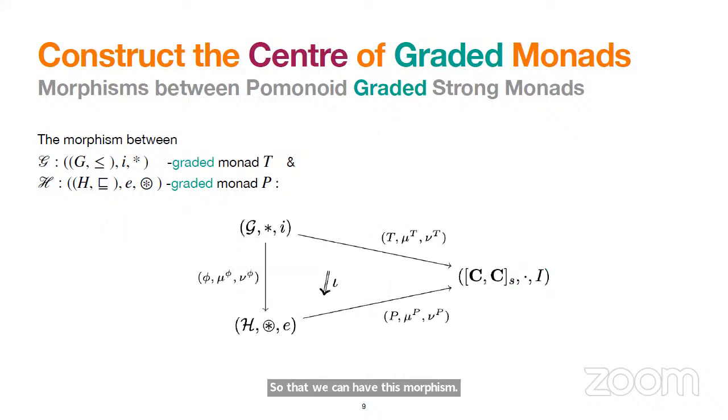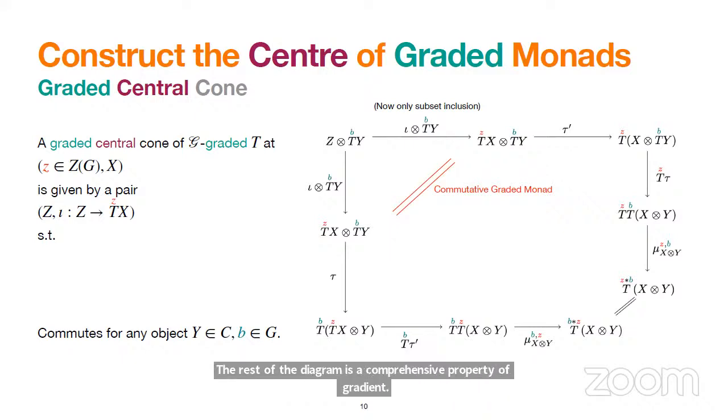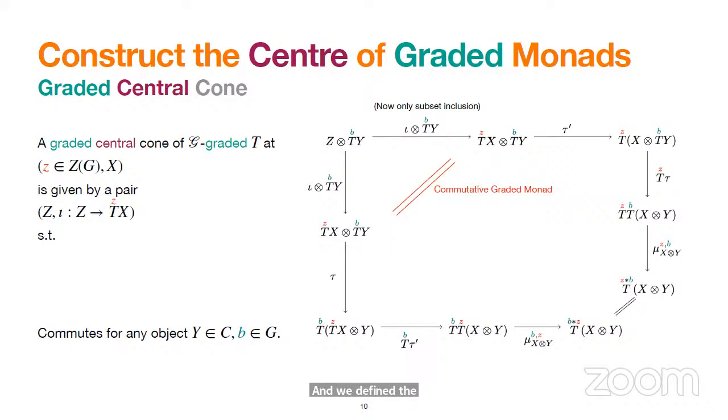From this morphism, we can now define the graded central cone, which is given by a pair Z and the iota, where iota is the new morphism between graded strong monads. And the rest of the diagram, similar to the non-graded version, is the commutative property of graded monad. We defined the graded central cone starting from there.